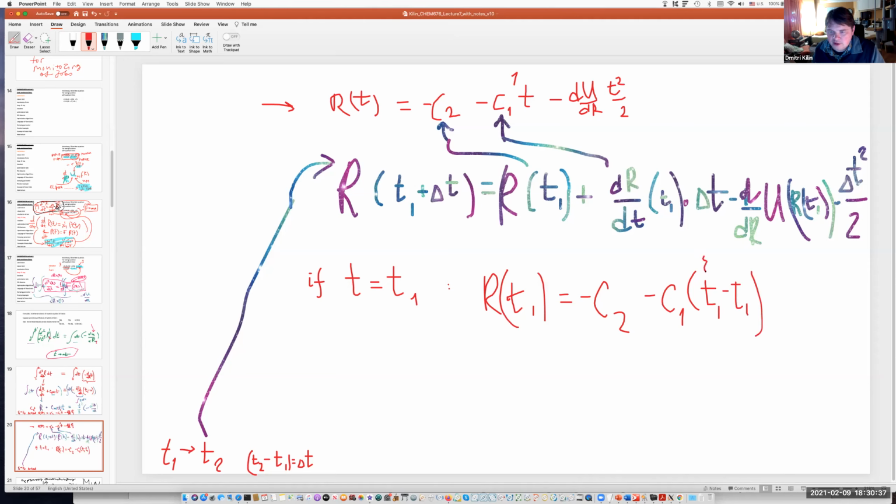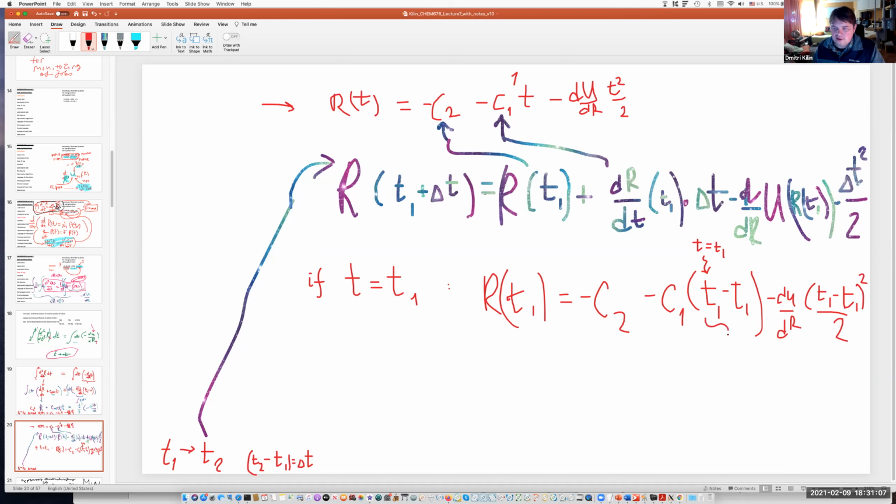So I plugged in here t equals t1. Minus this gradient dU/dr, and here I placed t1 minus t1 squared divided by 2.